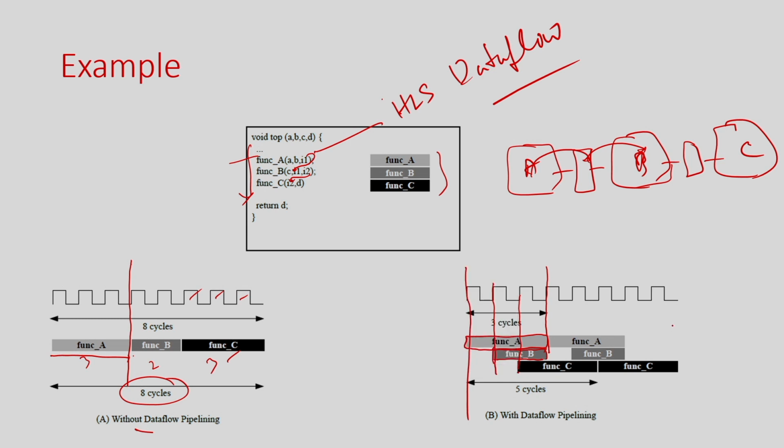Okay. So, with this you can understand that from the 3rd clock onwards, all these 3 functions are running in parallel, on different data. And after 5 cycles, because function 3 will take 3 cycles and 2 more cycles here, my first output will be produced.